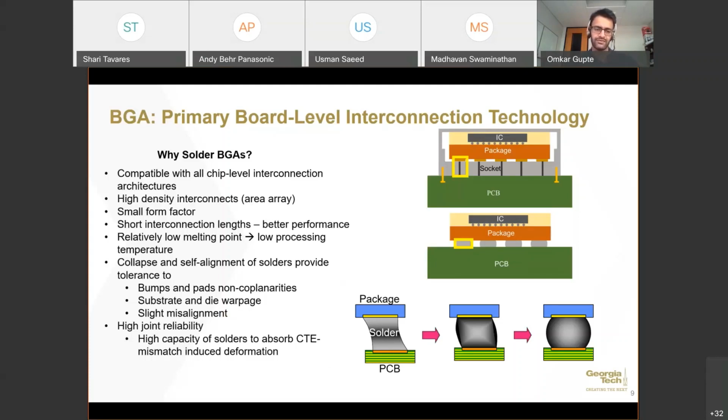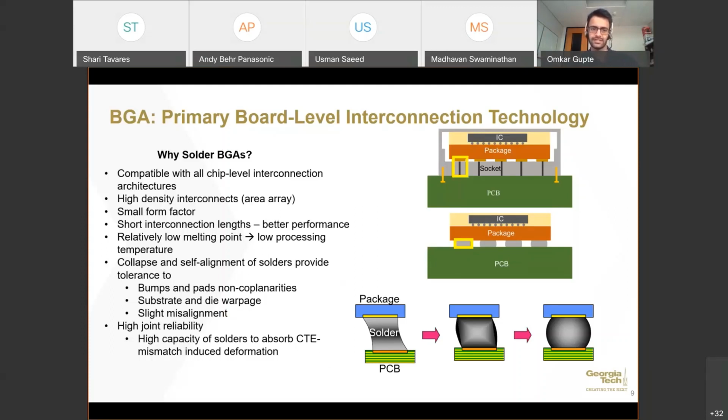And finally, solders can be tailored to have high joint reliability, and are soft materials, so are capable of sustaining CTE, or coefficient of thermal expansion, mismatch induced deformation.